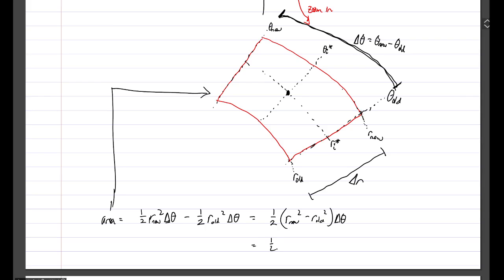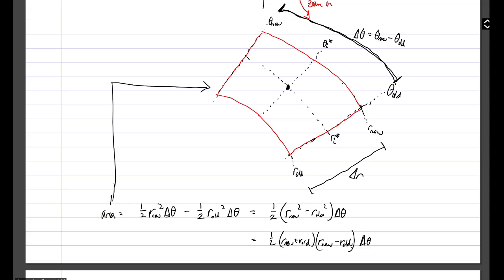Still copying the 1/2 and the change in theta, what we can now do is, well, this is a difference of squares, right? So R new plus R old, and then R new minus R old. Here's the thing. This first part right here, R new plus R old divided by 2, that's the average of the R values, right?